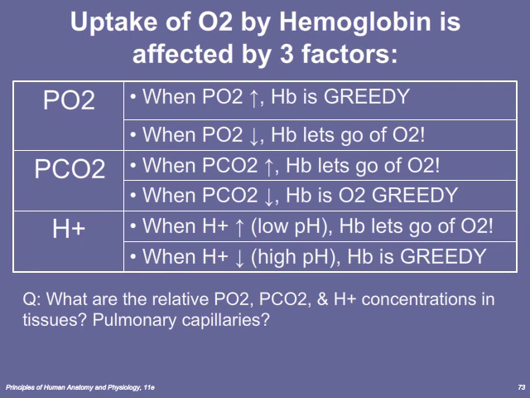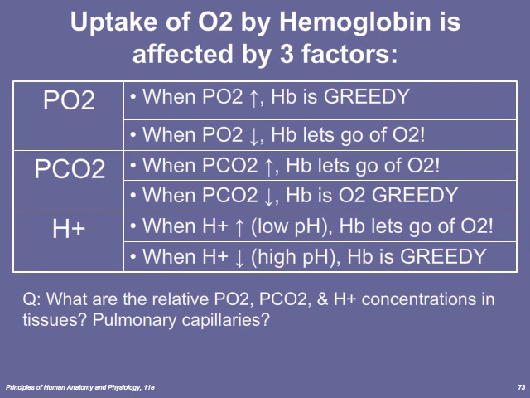The affinity of hemoglobin for oxygen is also affected by the CO2 concentration. So when the CO2 levels are very high, for example in the systemic loop, hemoglobin tends to let go of oxygen much more readily. Whereas when the partial pressure of CO2 is low, that is within the lungs, hemoglobin tends to be very greedy and hold on to oxygen.